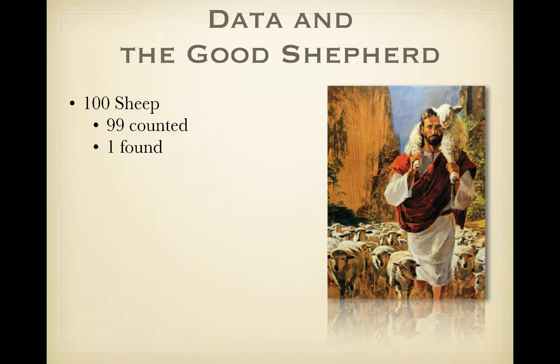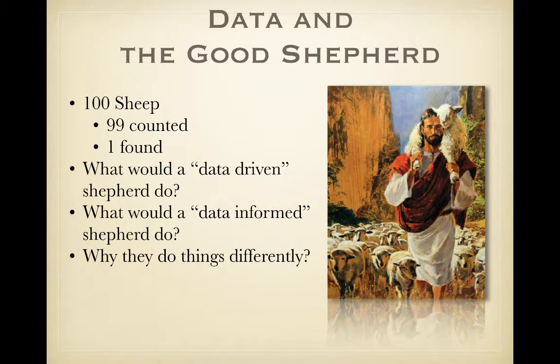This is best illustrated in the parable of the Good Shepherd. The Good Shepherd had 100 sheep. At the end of the day, he counted, found there was 99, and one was gone, one was missing. And instead of just shrugging his shoulders and saying, well, that's not a bad percentage, he went out and he found the one that was missing.